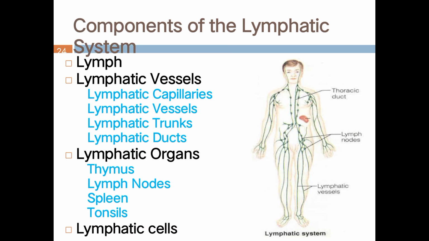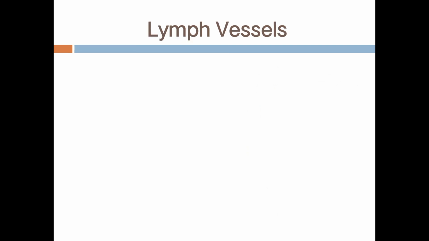So, components of the lymphatic system. Lymph or lymphatic vessels include lymphatic capillaries, lymphatic vessels, lymphatic trunks, lymphatic ducts, lymphatic organs such as the thymus, lymph nodes, spleen, tonsils, and lymphatic cells.